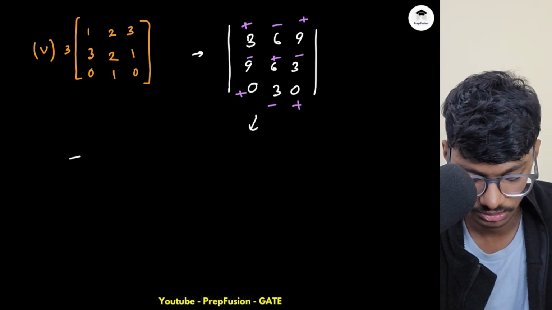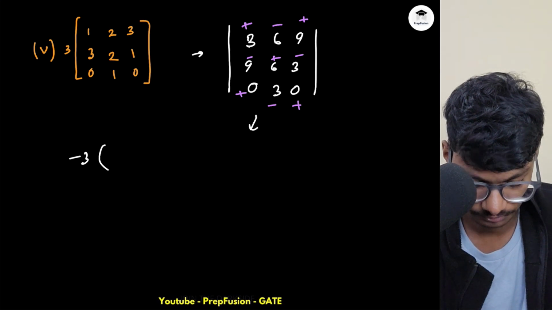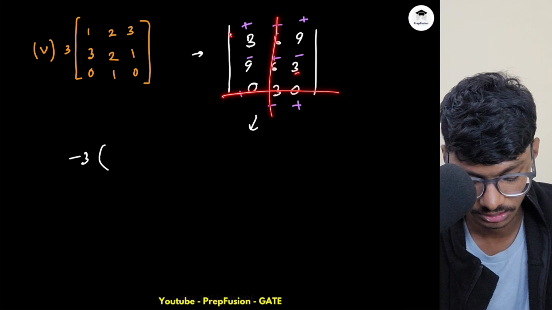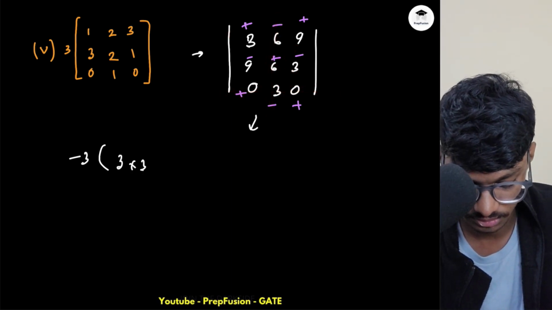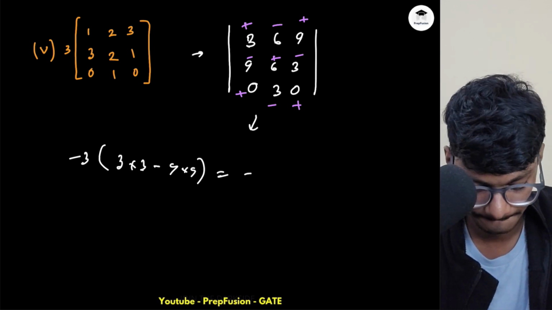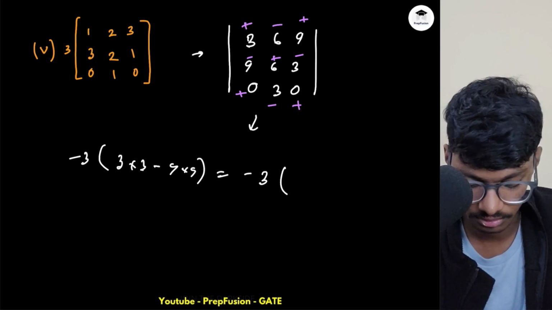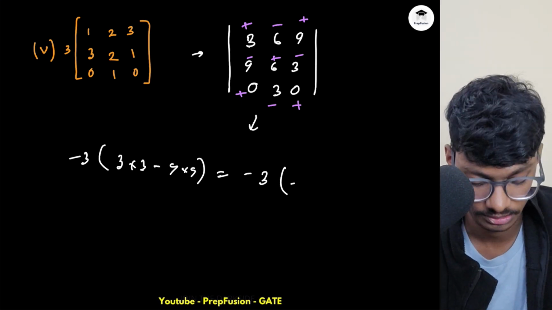So opening through the last row, this will be minus 3 times, this 3 is gone, so 3 3 and 9 9, so 3 times 3 minus 9 times 9, minus 3 into 9 minus 81, which is minus 72.